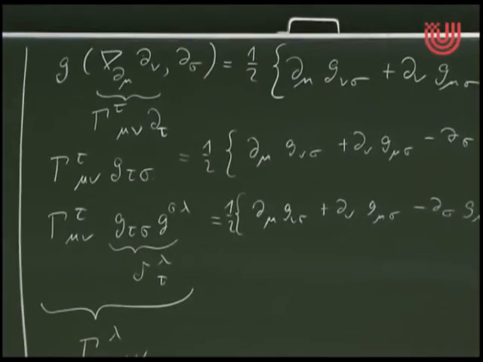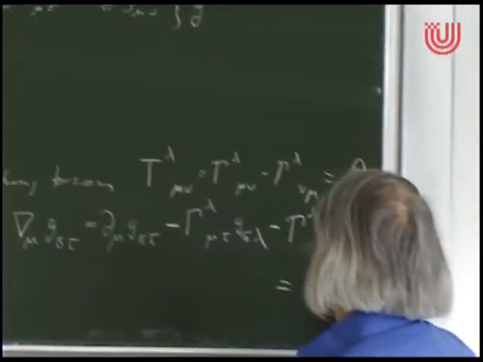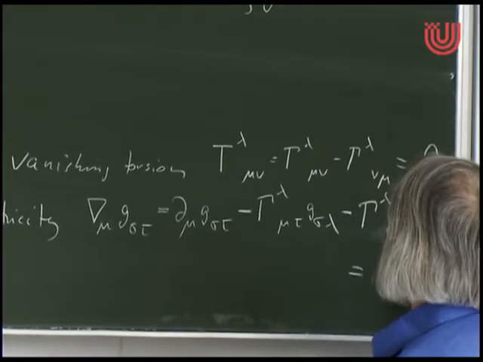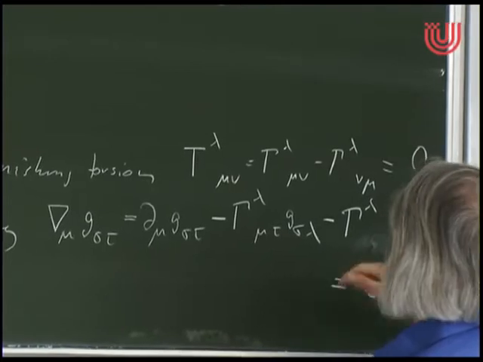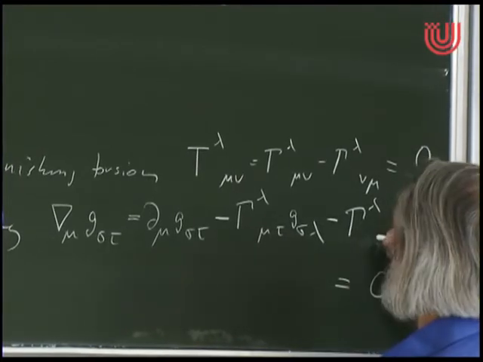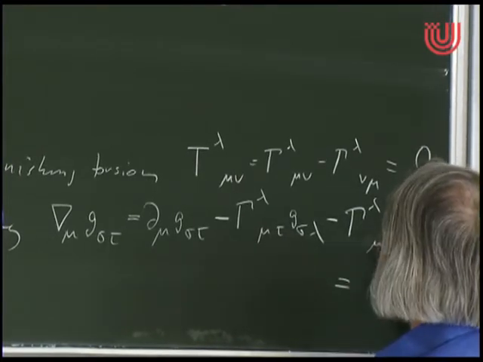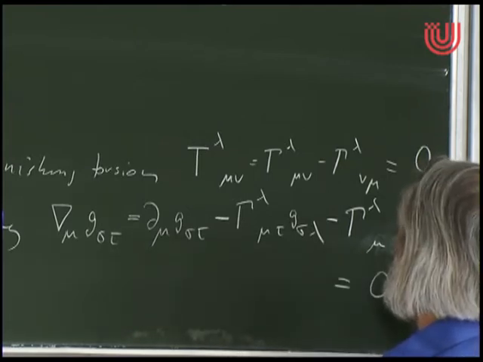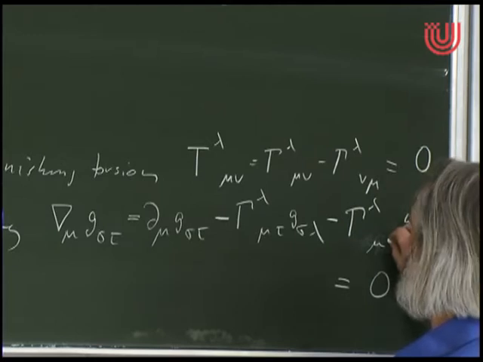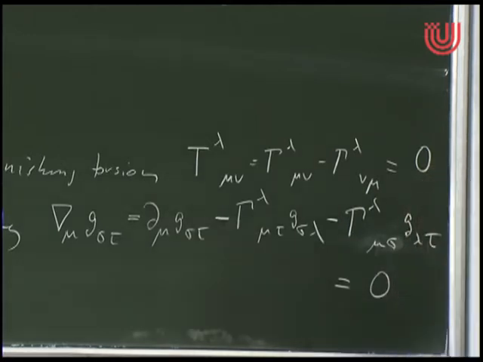I have 2 taus here. What have I done? I always make mistakes with the indices. So let me see. The first index is always a mu. The derivative is with respect to mu. And then I replace lambda, I replace the sigma, so I would have the sigma here, right?